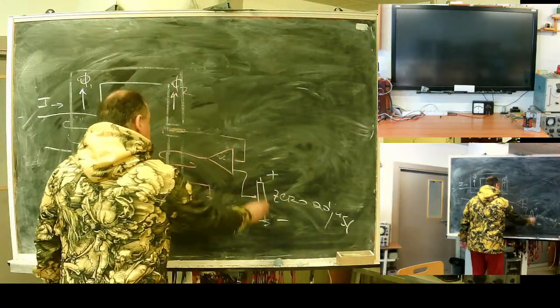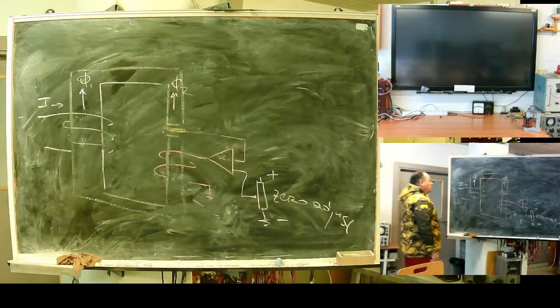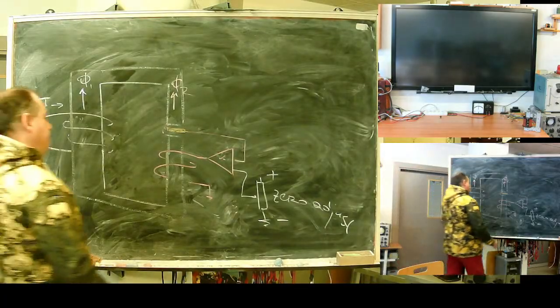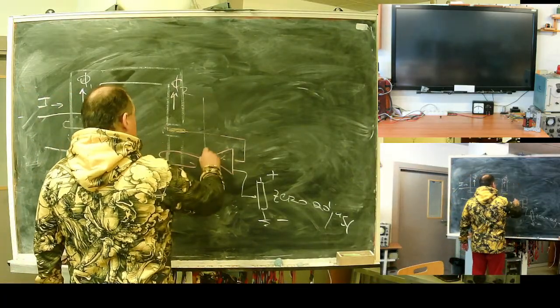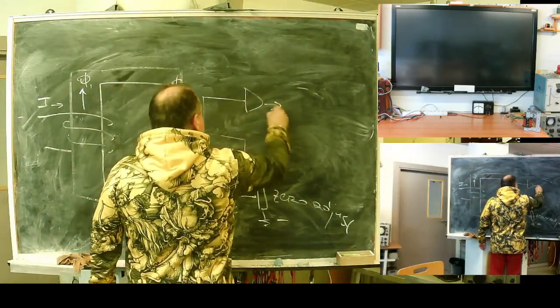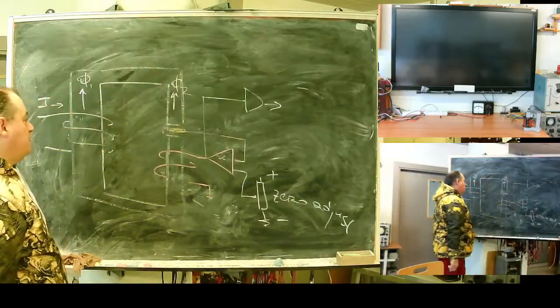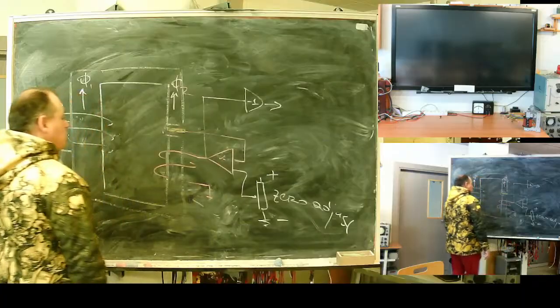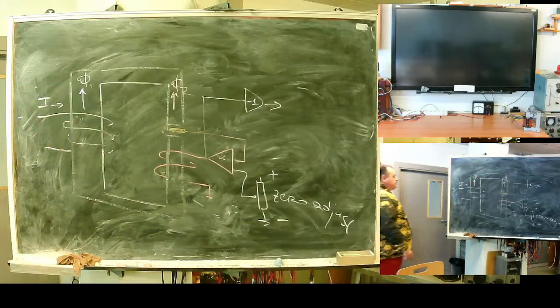Zero adjust circuit. So it's a compensating scheme. Output goes here. Inverting. This one has a ratio of -1. Inverting. Compensating scheme.